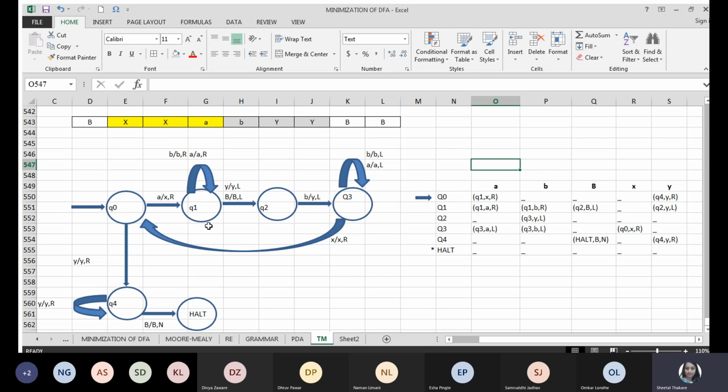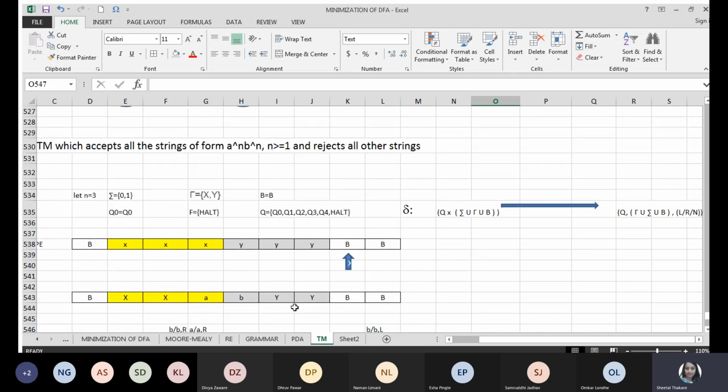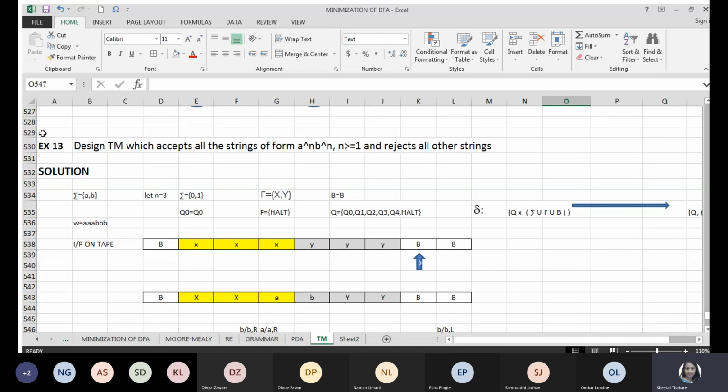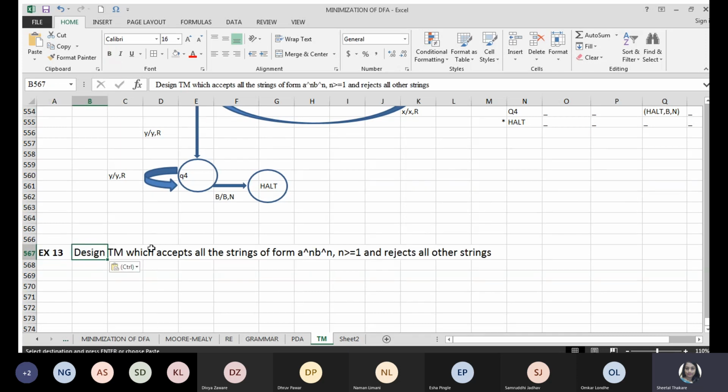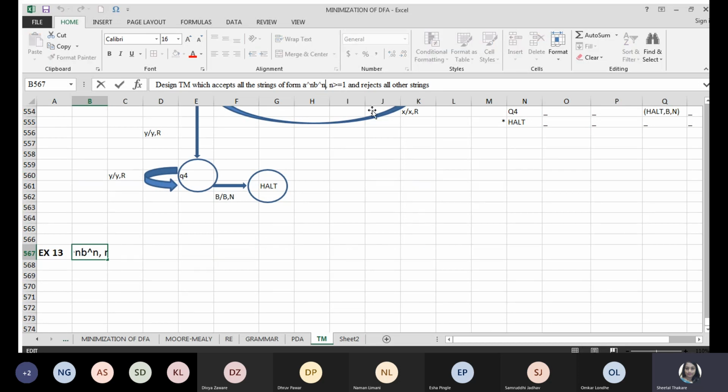Now, the same sum with modification. This was example number 13. Example number 14 says that instead of a raised to n, b raised to n, now design a Turing machine which accepts all the strings of the form a raised to n, a raised to m, b raised to m, where say n is greater than m.